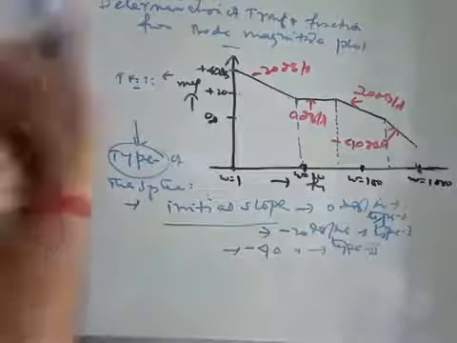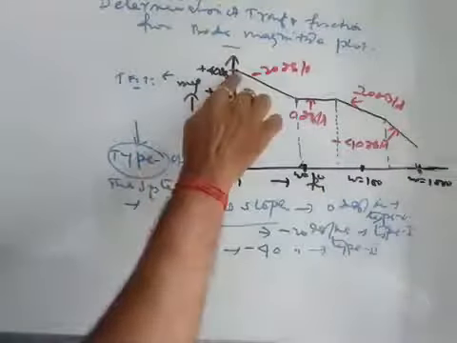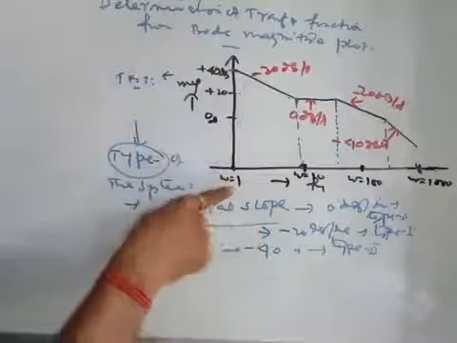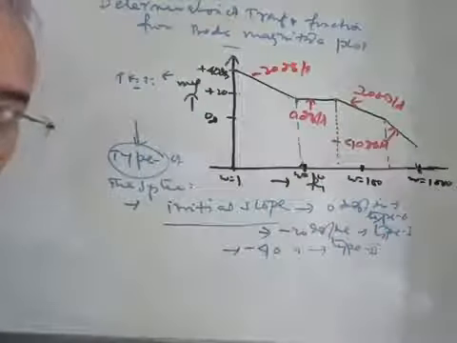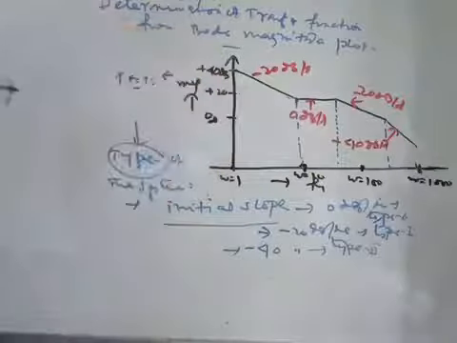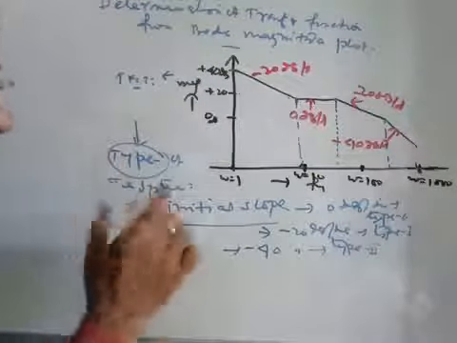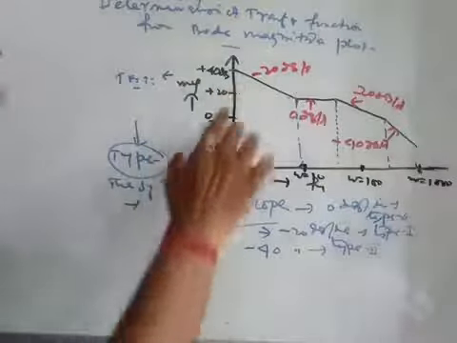From this Bode magnitude plot, look at the initial slope from the initial position of the frequency. Here they have considered the initial frequency 1 radian per second, and the magnitude at 1 radian per second is 40 dB. That will be given to you. Now, the type of the system is obtained from the initial slope.